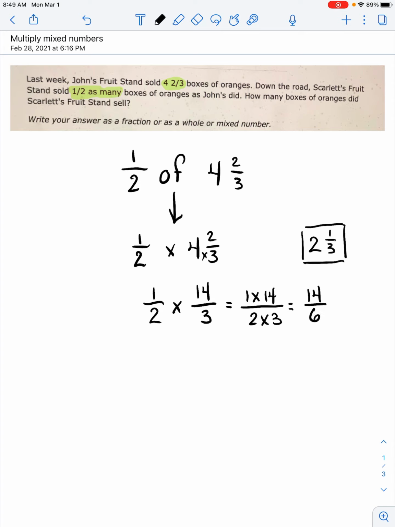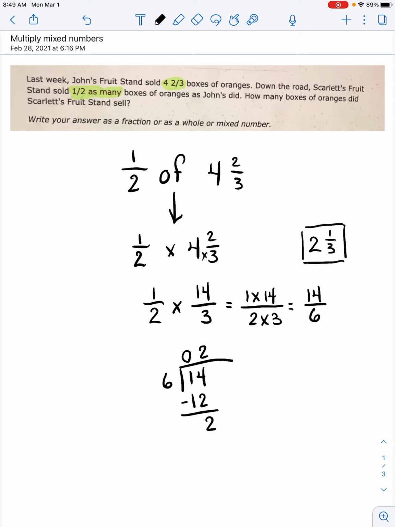And we want to write it as a whole number or a mixed number or a fraction. But this fraction is improper, and we don't want an improper answer. So I'm going to divide 14 divided by 6. 6 goes into 14 2 times, and that would be 12.